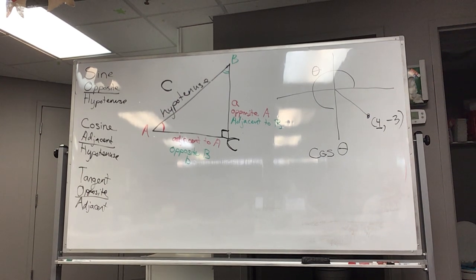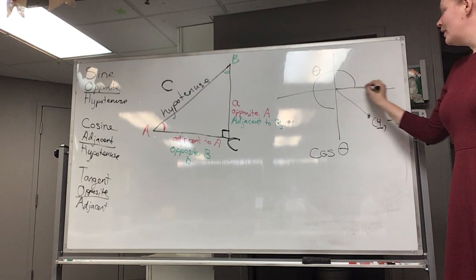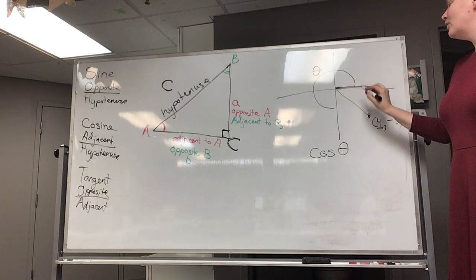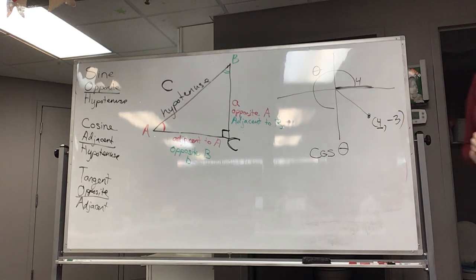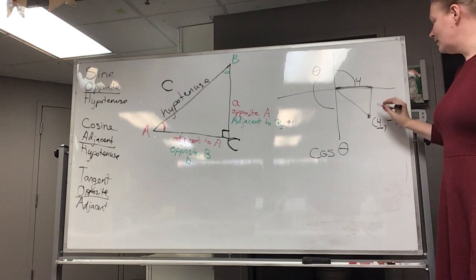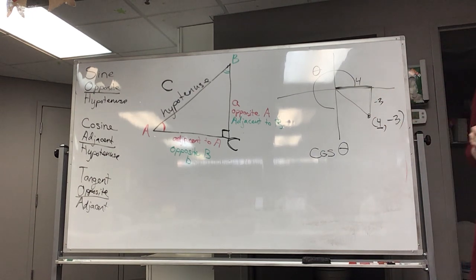Yeah, 4 is the horizontal distance. 4 is the x coordinate. It just means this distance right here is 4. What does the -3 equate to? How far it is down. So this is -3, or a distance of 3.